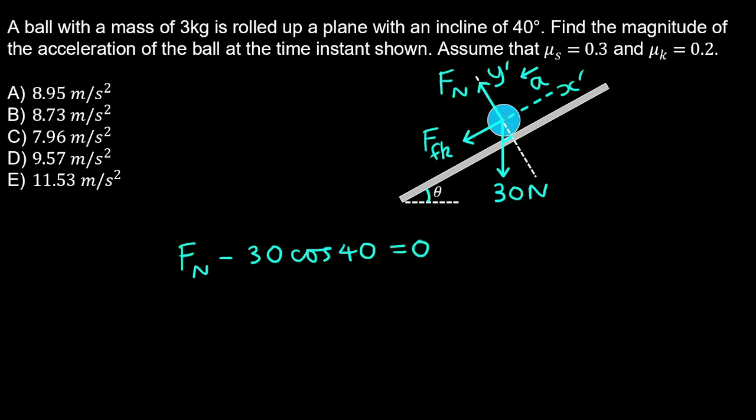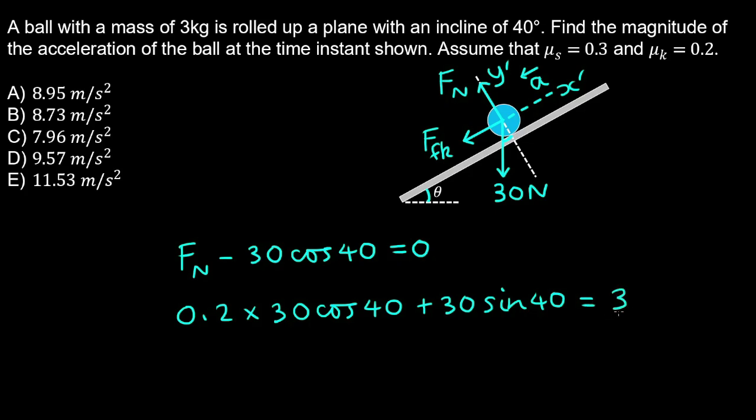And applying Newton's second law in the x dash direction, we have the kinetic friction force, which is the kinetic friction coefficient by the normal force, being 30 cosine 40 degrees, plus the force of weight, sine 40 degrees, is equal to the mass by the acceleration. So if we solve this for the acceleration, we get 7.96 meters per second squared. So the correct answer is C.